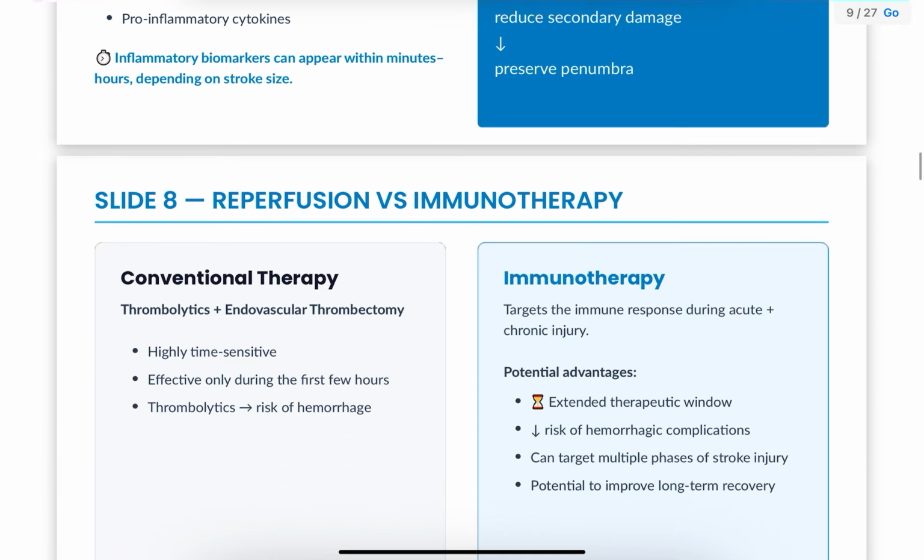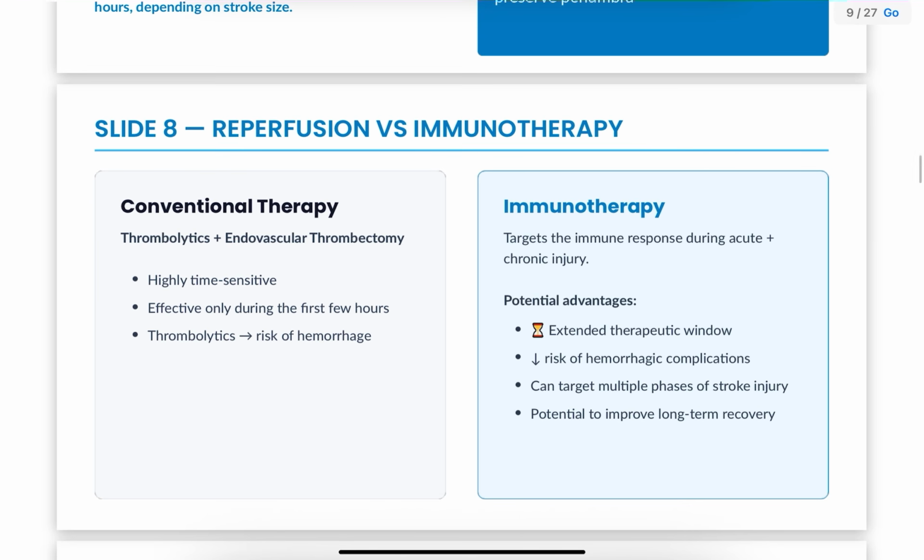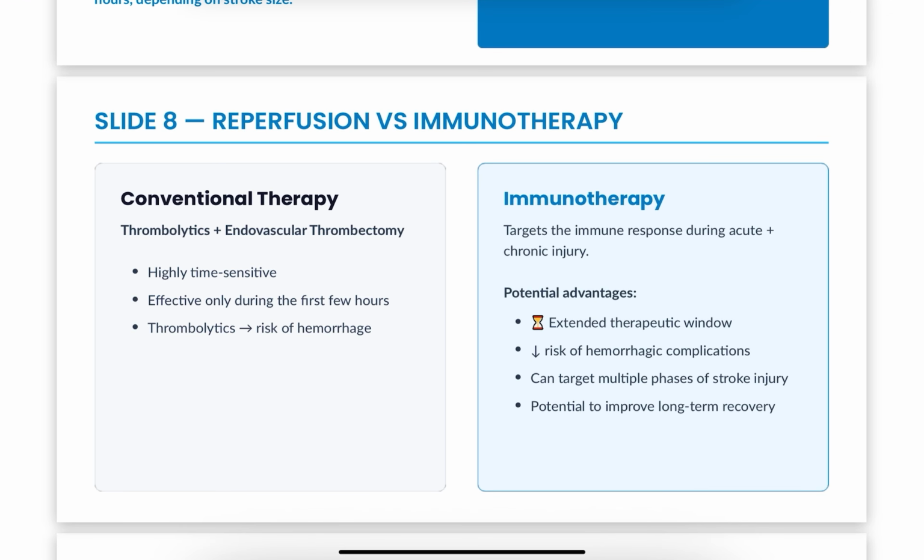Let's move to the next slide, where we are going to talk about reperfusion versus immunotherapy. Why are we even interested in immunotherapy when we already have certain treatments for the stroke itself? The conventional treatment includes thrombolytics and endovascular thrombectomy.